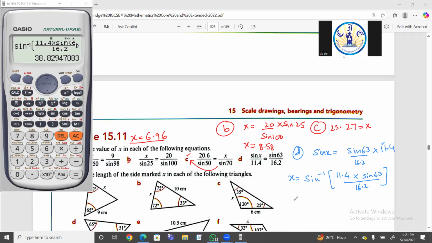So the value of x is going to be 38.829, and writing it down to one decimal place, since this is the angle. Angle is written to one decimal place only. So 38.8 degrees. That is the value of x. So this is how we do these questions.